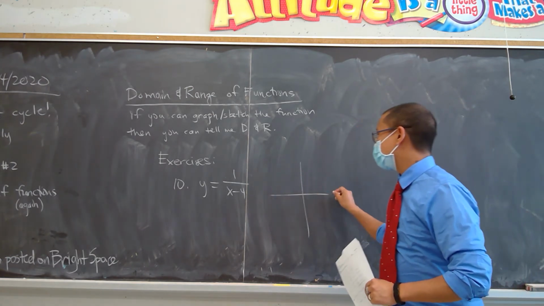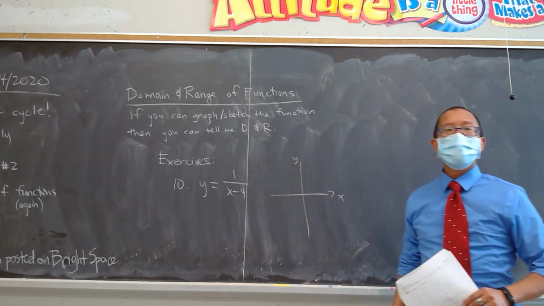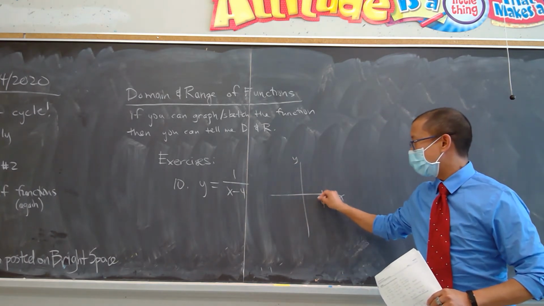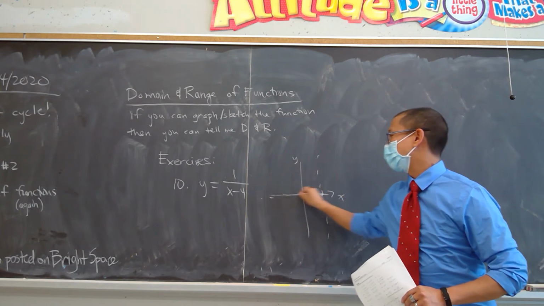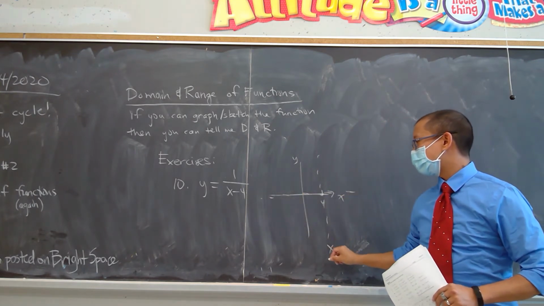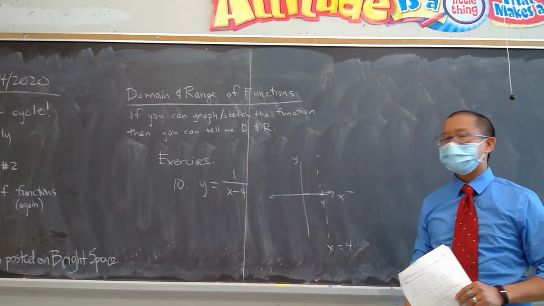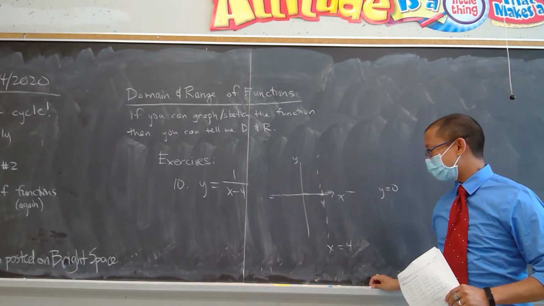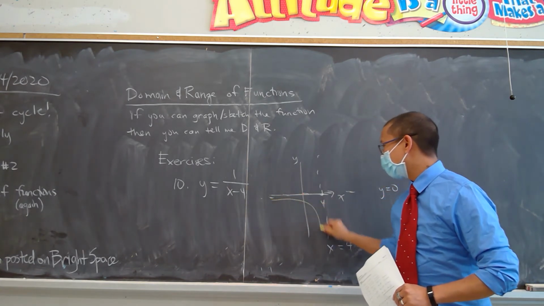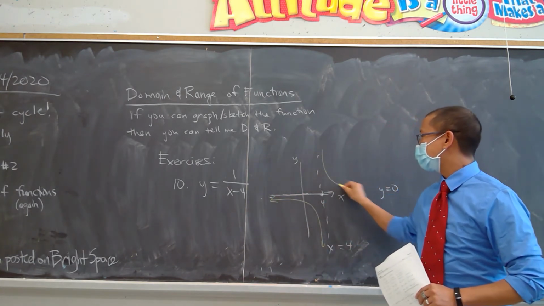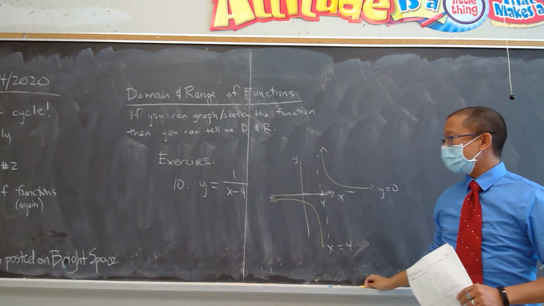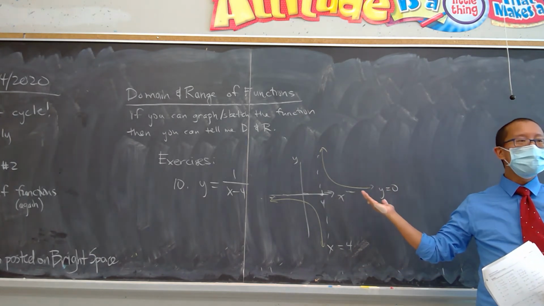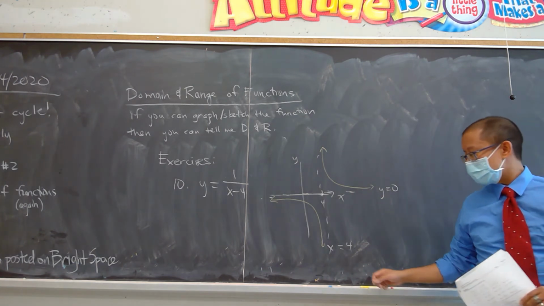So if I were to sketch this out, at 4, notice what I'm doing, I tend to teach it this way, that is going to be where our asymptotes are. x is equal to 4 is the vertical asymptote, and y is equal to 0 is the horizontal asymptote. And then I'm just sketching, so I'm not even using a table of values, but that's how the image looks. So once you can see that image, you should be able to give me the domain and range for this.